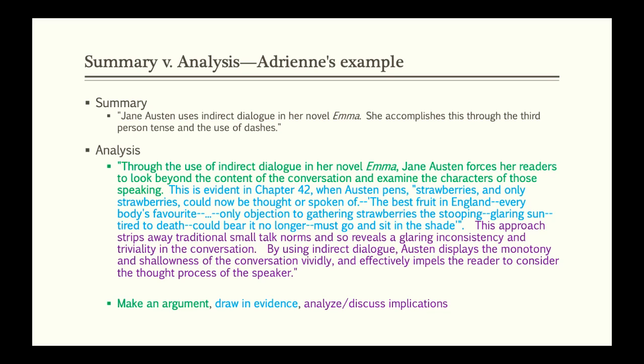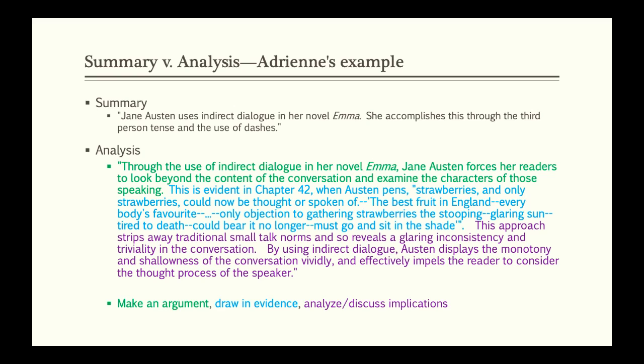Okay, analysis. So with this, we're saying through the use of indirect dialogue in her novel Emma, Jane Austen forces her readers to look beyond the content of the conversation and examine the characters of those speaking. So again, with this, it already has a different tone, right? It's something where we can have a conversation about, we can have an argument about, right?